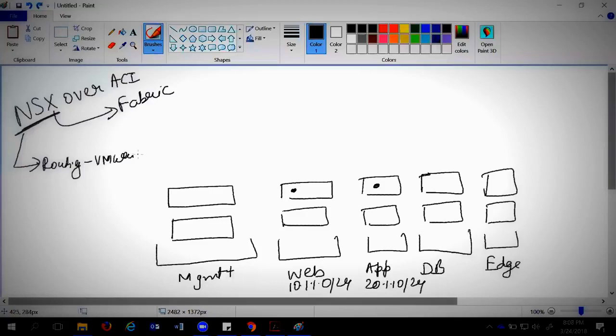Now they came up with an idea called DLR, that is, distributed logical routers. The idea is, why don't we put a router on every ESXi?